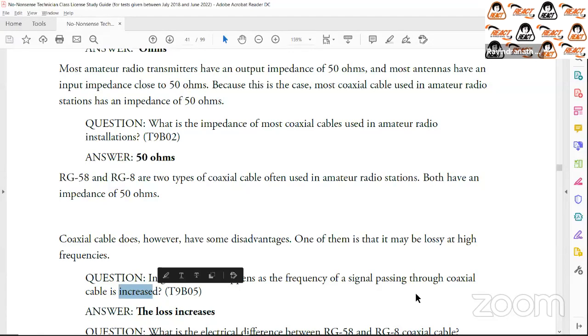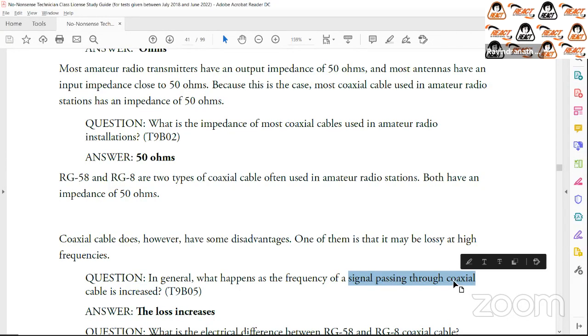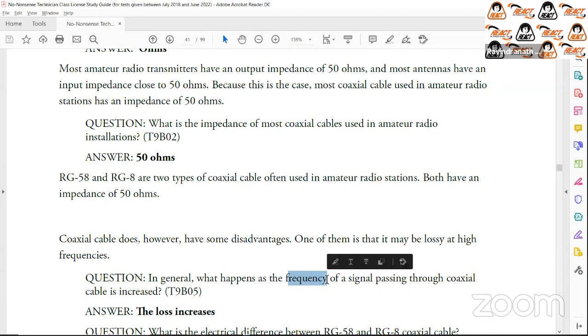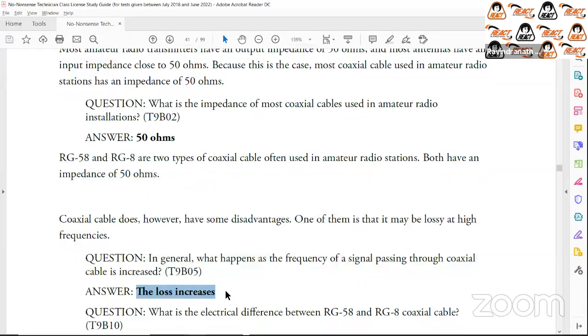That's what they're asking us about, and they're talking about a signal passing through coaxial cable. Notice in the table that we looked at, when we increase the frequency, we had a higher loss. So that's the answer. When you increase the frequency of a signal in coaxial cable, the loss increases.